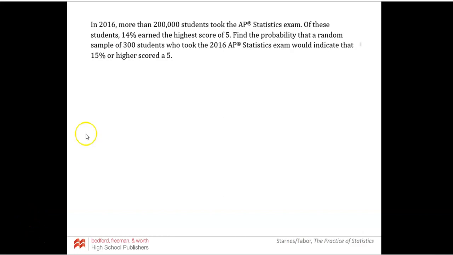So the mean p-hat would be 0.14. Is that less than 10%? So the 300 students that were sampled is at least 3,000 people who took the AP exam. Oh yes, definitely. So that's less than 10%. So we can prove independence there. And so we can find the standard deviation by getting your calculators out.